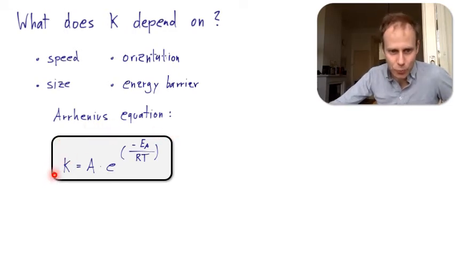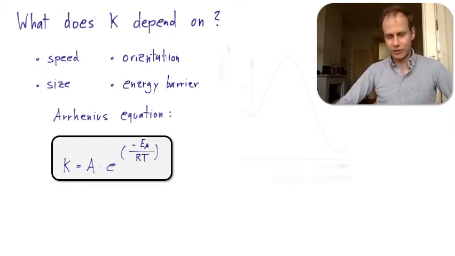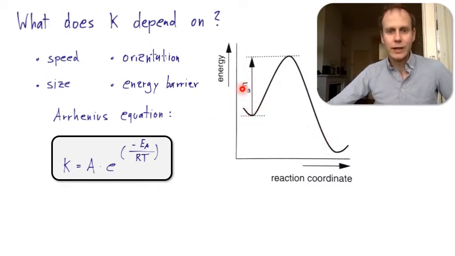So it has the rate constant K as a function of this parameter A times this exponential term with the activation energy. And here again I plot the energy of a reaction from reactant to product, and the activation energy here is now captured in the exponent.